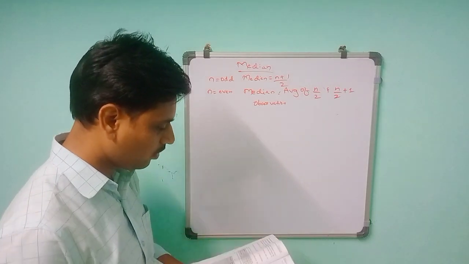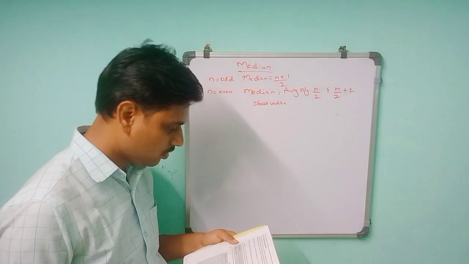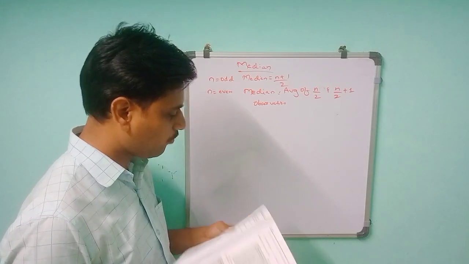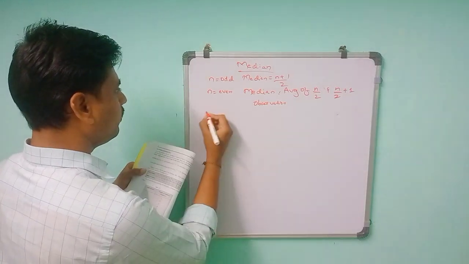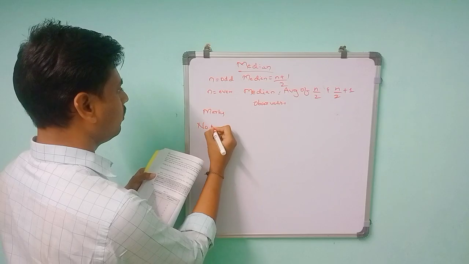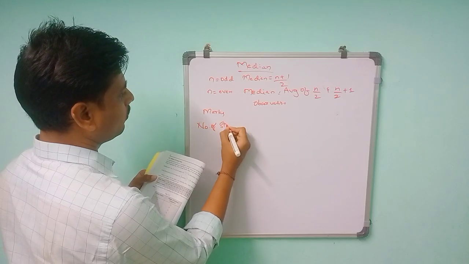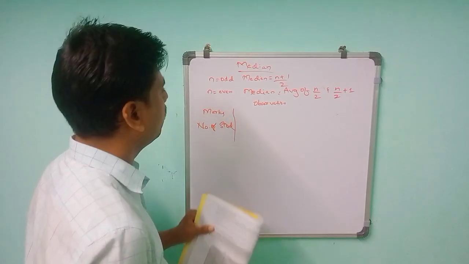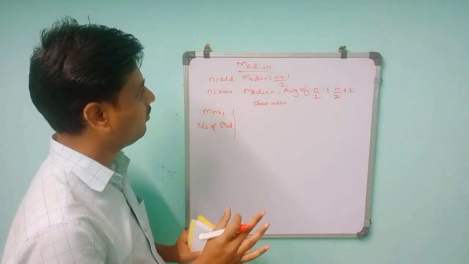In the first example, they gave the marks obtained and the number of students. For the median, first we have to change the values into ascending order. The marks obtained were given in random order, 20, 29, 28, not in regular order.